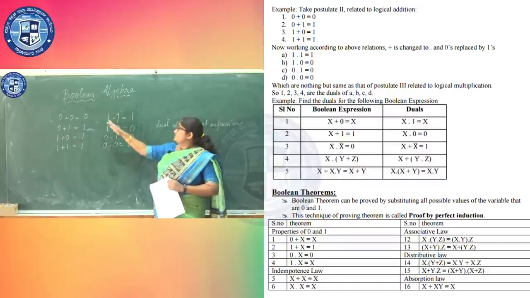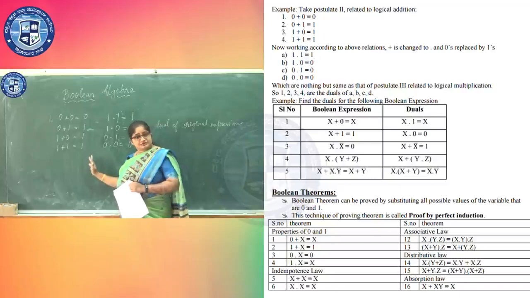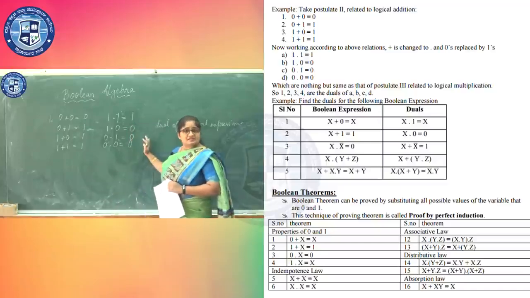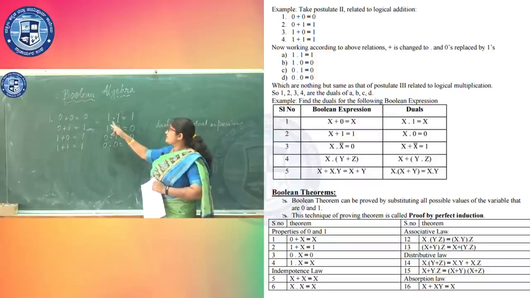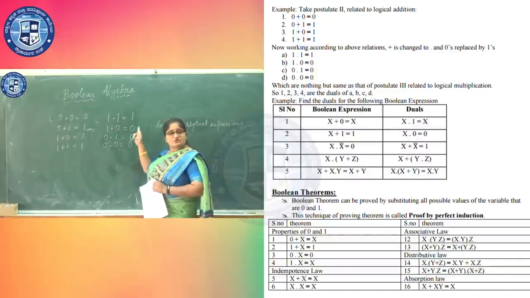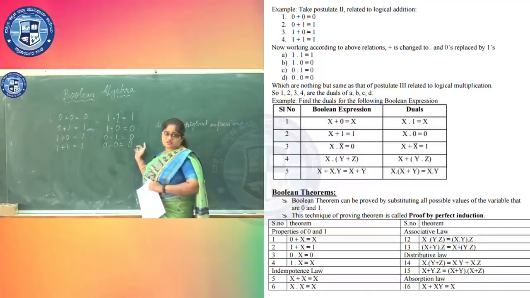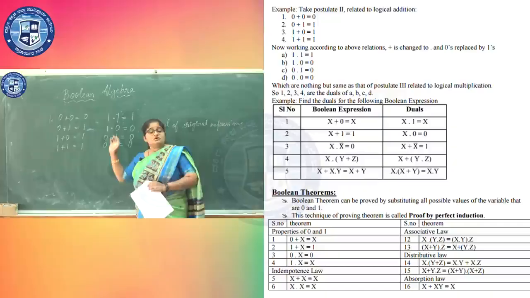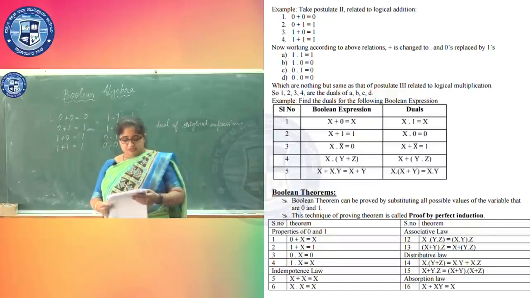So, this is true. Though we applied the principle of duality theorem, these expressions are not false. All these are correct. 1 and 1 is 1, 1 and 0 is 0, 0 and 1 is 0, 0 and 0 is also 0. So, there is no harm in applying this principle of duality.